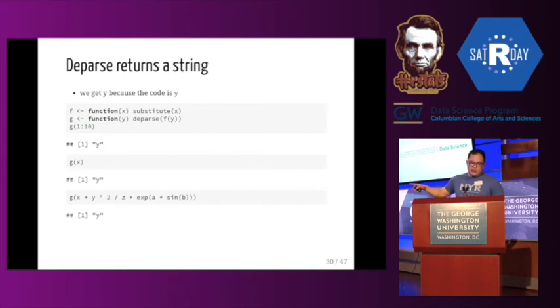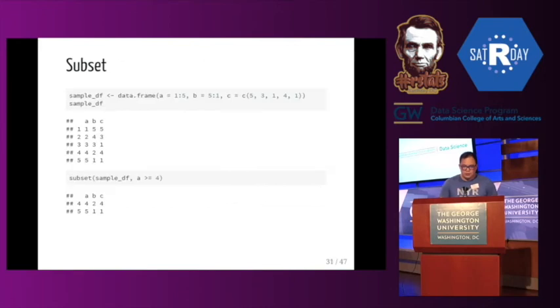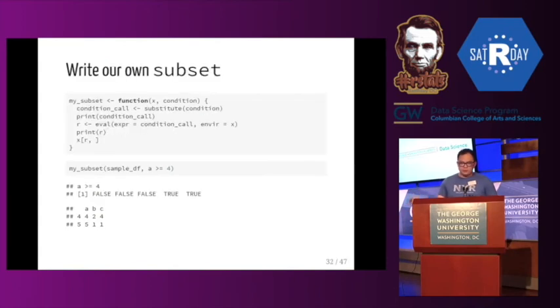So if you kind of squint your eyes, this is really just giving exactly what you gave it, because we're calling y, not any actual value. So one place that you see this non-standard evaluation a lot is the subset function. So we can say, hey, here's our sample data frame, and I want all the values of a that are greater than 4. And this just so happens to work without quoted strings.